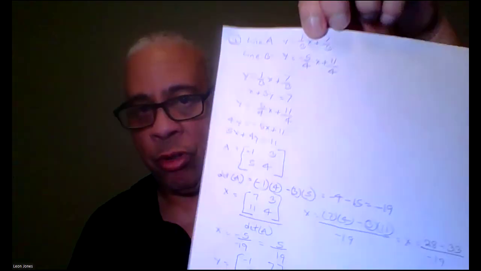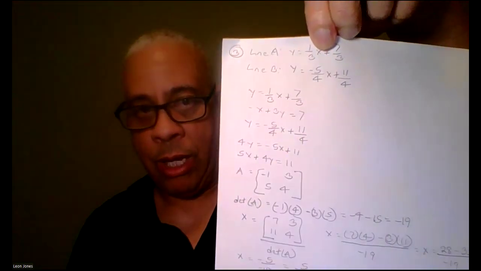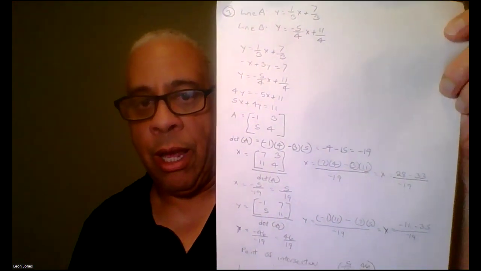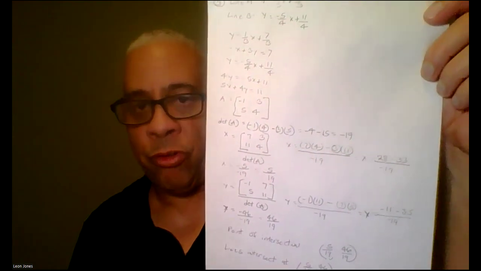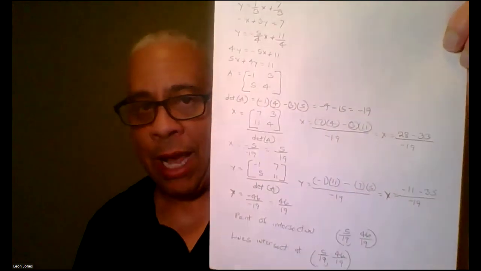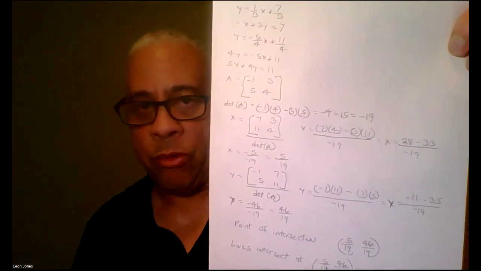Now, for something like this, I actually did one, and you're given linear equations. So what you have to do is take those linear equations, make them matrices, and then find the points of intersection. I know it looks backwards to some of you.